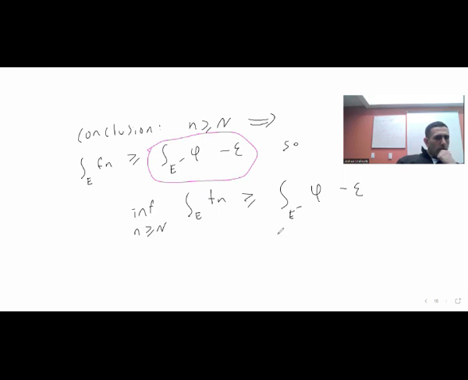Right. But as n goes to infinity, big N goes to infinity. We're taking the infimum over less and less and less indexes, less and less and less integers. So the infimum increases, because we're looking at less and less of these integrals as big N goes to infinity. So in other words, as a function of big N, I'll write it like this.